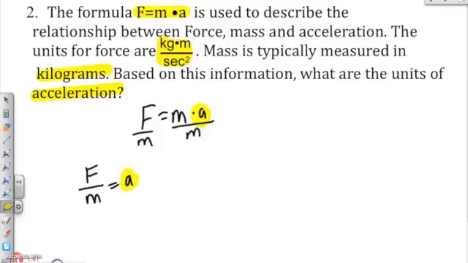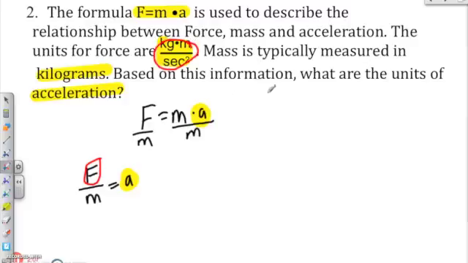Now, that gives us what a is equal to in the formula, but we're actually asked to go a little bit further than we've been doing in this practice and find the actual units. So that means we're going to have to plug in this information that it gives us here. If I look at my information above, it tells me that force is measured in kilograms times meters per second squared.